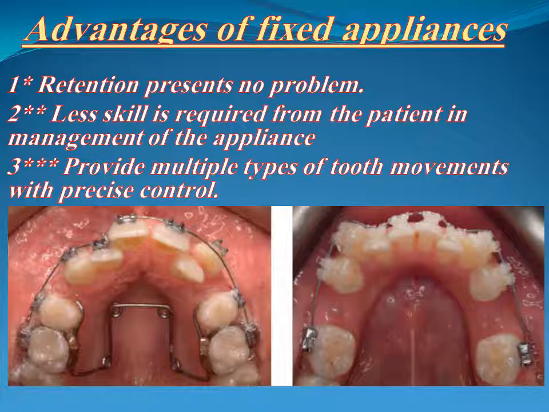The other advantage is that less skill is required from the patient in the management of the appliance. There is no need for removal or insertion of the appliance within the patient's mouth, as in the case of removable orthodontic appliances. The other advantage is that it can provide multiple types of tooth movements in the same or in different directions with precise control.